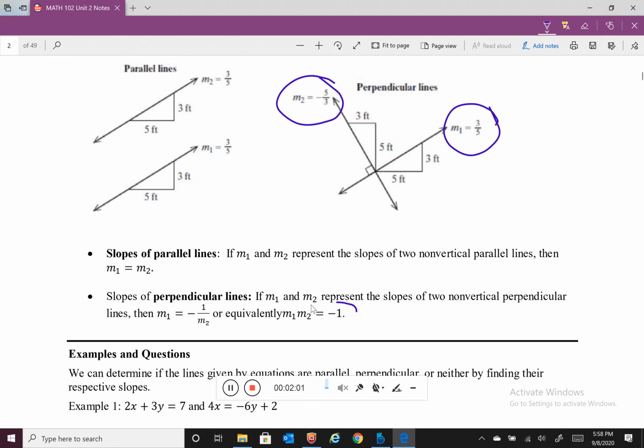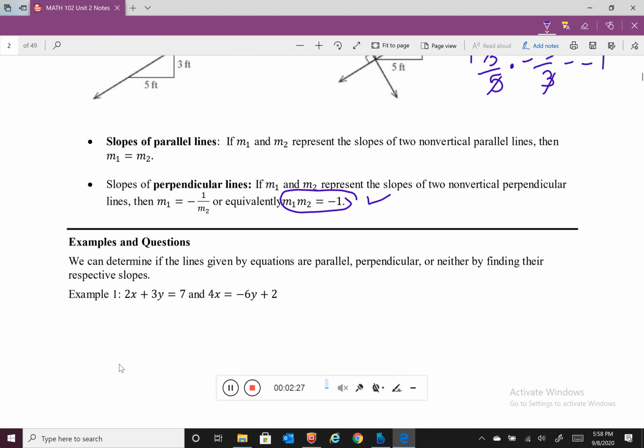And at this point, we can see here, if we take the 3/5 and we multiply it by the -5/3, the 5s and the 3s cancel out to be 1, and 1 times -1 is -1. So we can verify that.